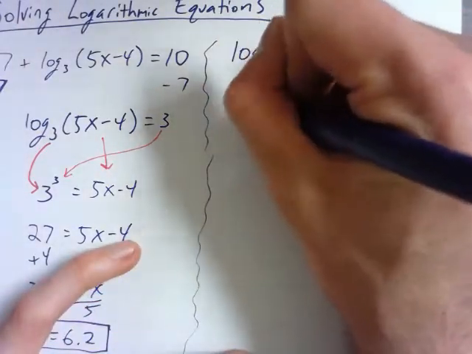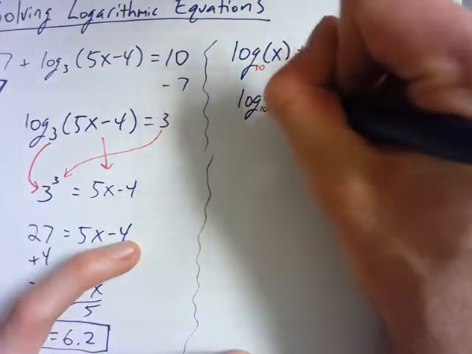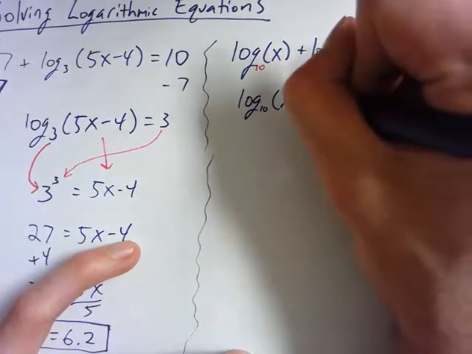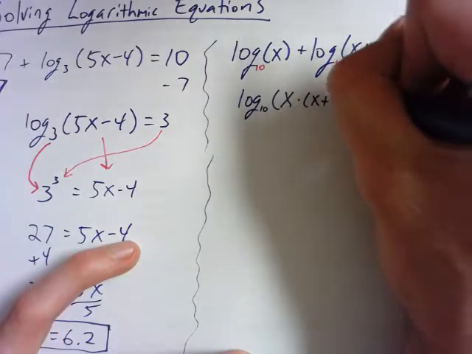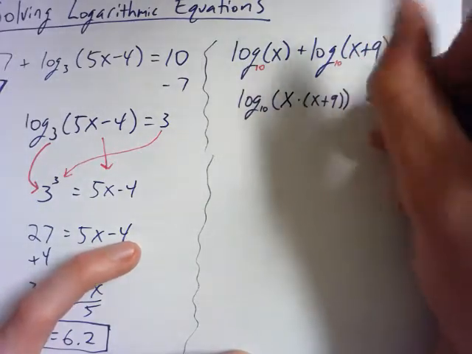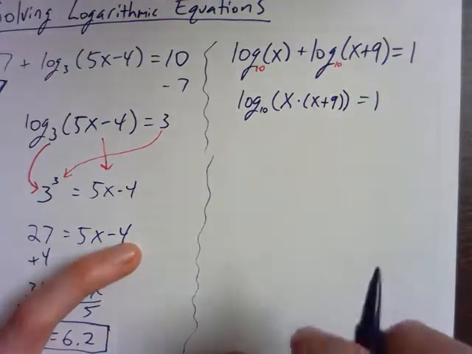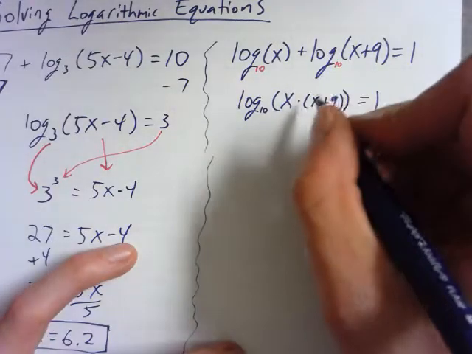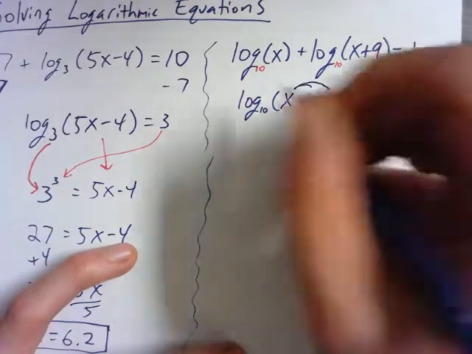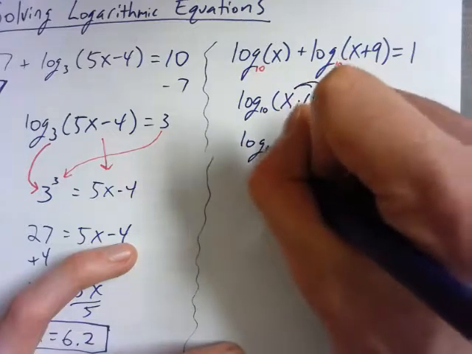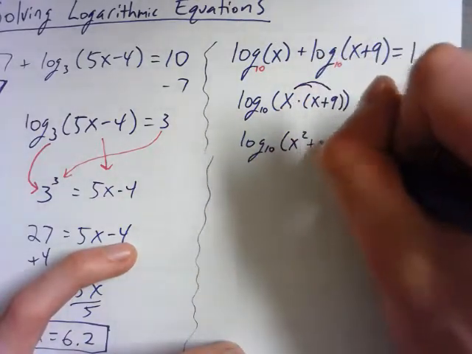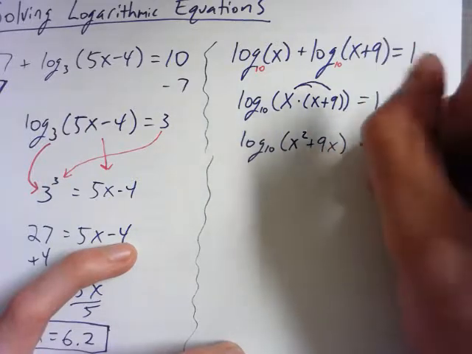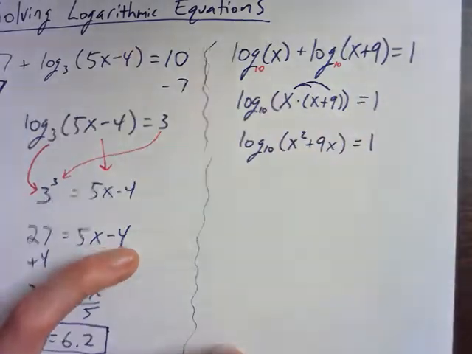So I will have log base 10 of x times x plus 9. And we're going to have to distribute that x through, so I'll add an extra set of parentheses just so that we don't forget. And x times x is x squared, so I'll have log base 10 of x squared, and x times 9 is 9x. It's going to equal 1.